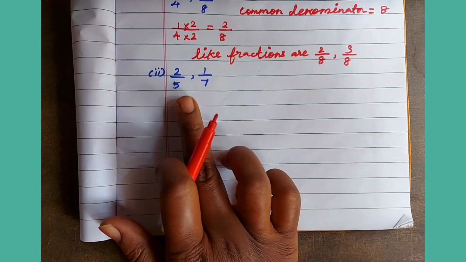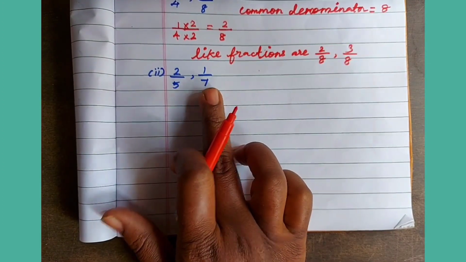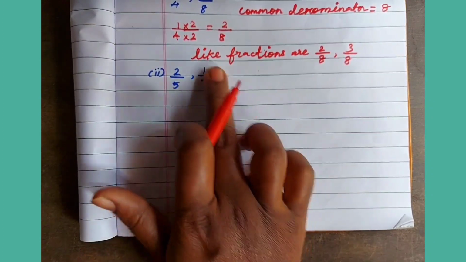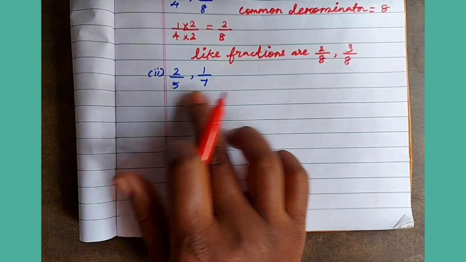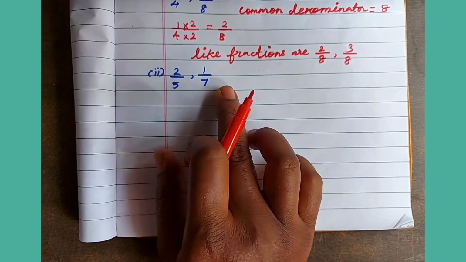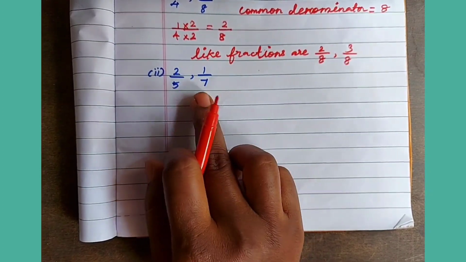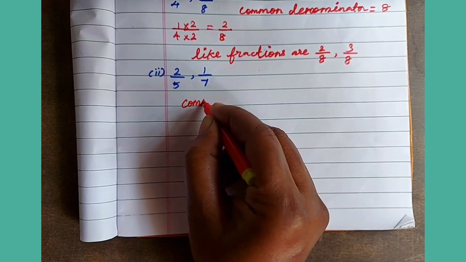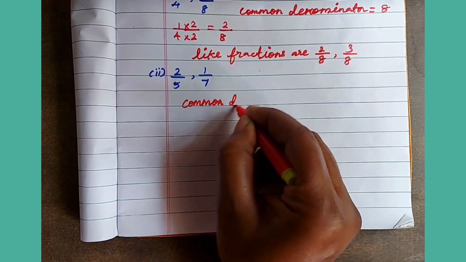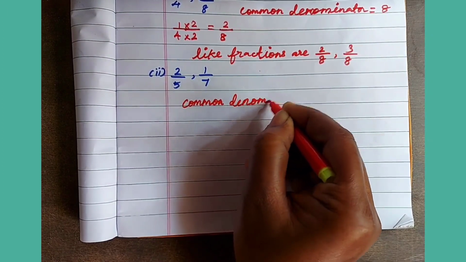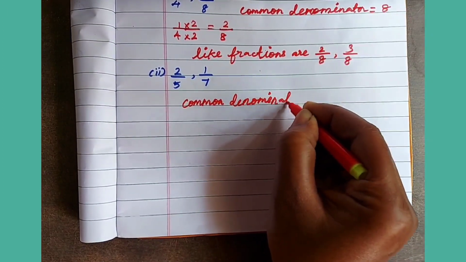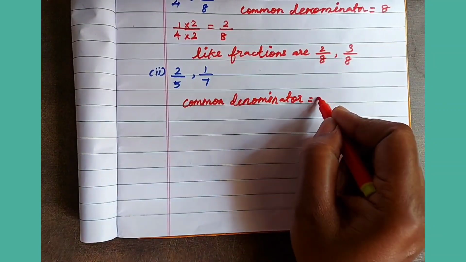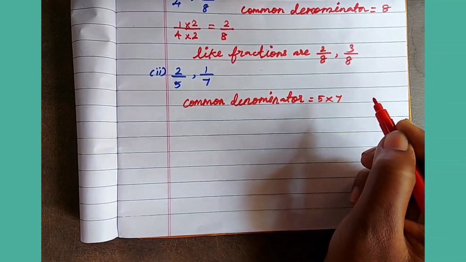Second one, 2 by 5 comma 1 by 7. The denominator values 5 and 7 are from different tables. They do not come in the same table. So how to find the common denominator? Common denominator is equal to 5 into 7, we have to multiply.